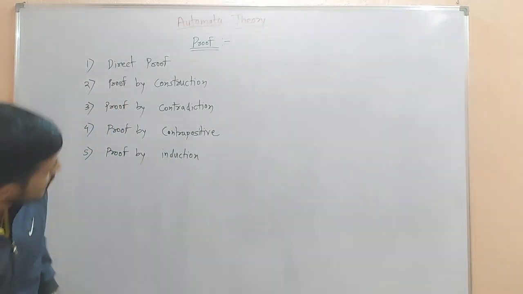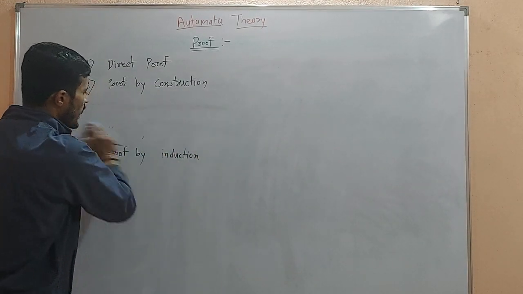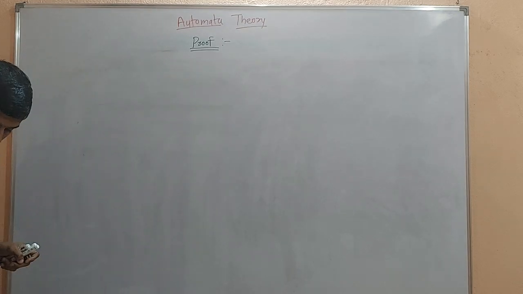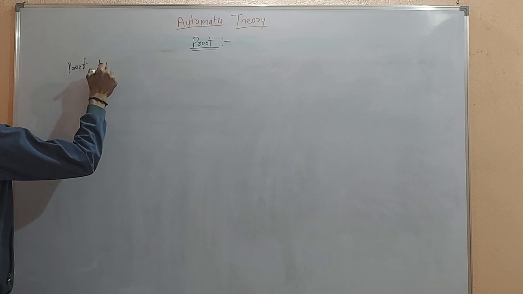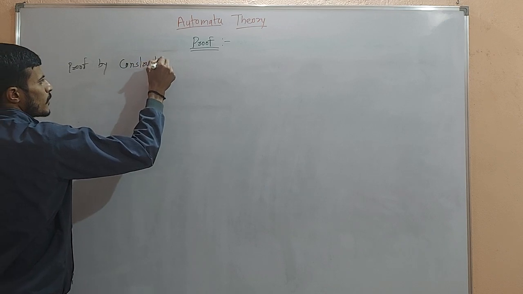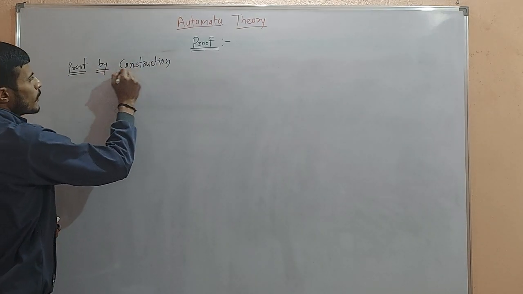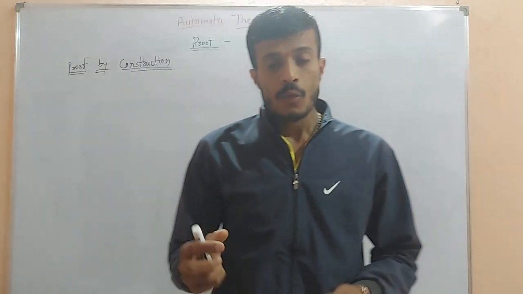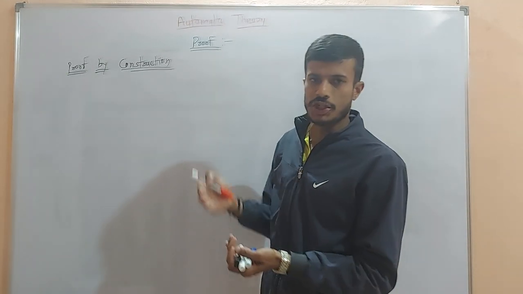So let us see. In today's lecture we are going to see what is meant by proof by construction. What actually are we going to do in this case? We are going to show the given statement by an actual construction method.